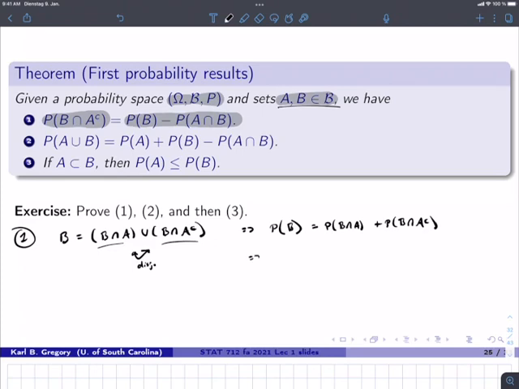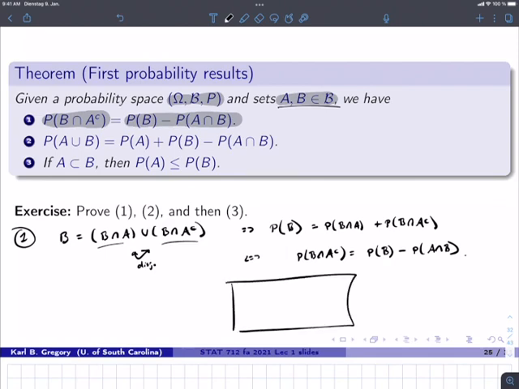Then we can rearrange this and get that the probability of B intersect A complement is equal to the probability of B minus the probability of A intersect B.